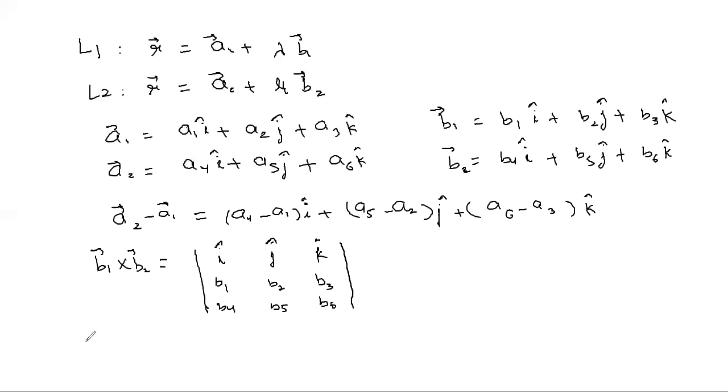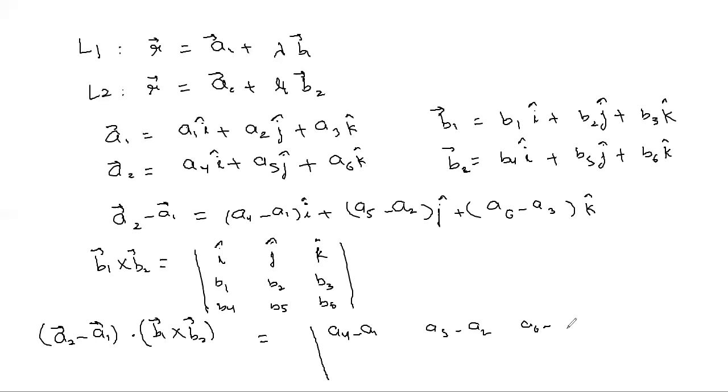If we find the dot product between vector a2 minus a1 and the cross product of vector b1 and b2, it will be the solution of the expansion of this determinant, that is a4 minus a1, a5 minus a2, and a6 minus a3 in the first row, while the second row will be b1, b2, b3, and the third row is b4, b5, b6.